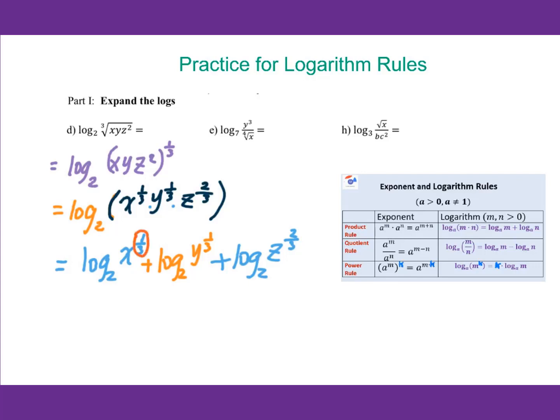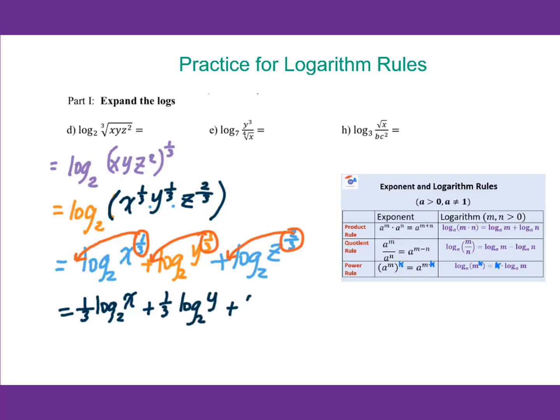Then last step, drop down the exponent. So we get 1/3 log base 2 of x plus 1/3 log base 2 of y plus 2/3 log base 2 of z.